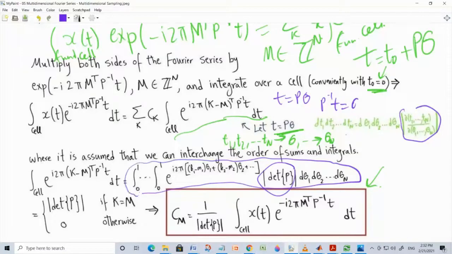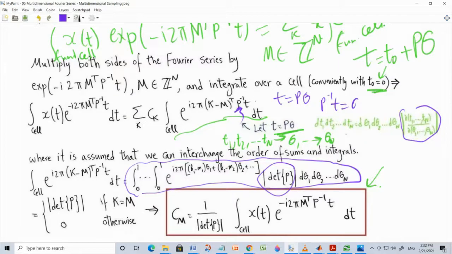The trick is that once you choose t0 to be equal to 0, t is equal to P theta on a fundamental cell, then you rewrite your integral in terms of the theta variables. And the nice thing is that you don't have this evil P inverse matrix in the exponential.